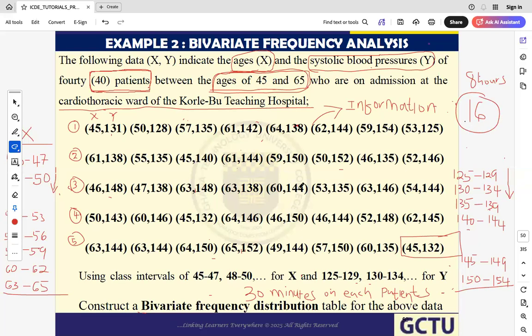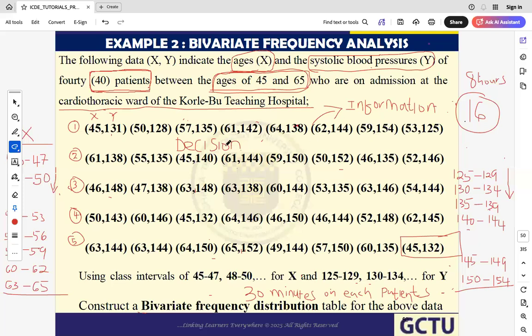The ward is having 40, and the doctor has decided that he wants to spend a minimum of 30 minutes on each patient. So if he has 8 hours, it means he can only attend to 16. He can't attend to all these people. Now, when it happens that way, the doctor will have to take a decision as to which people he is going to pick to see.